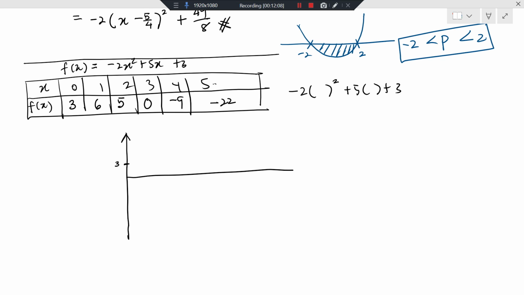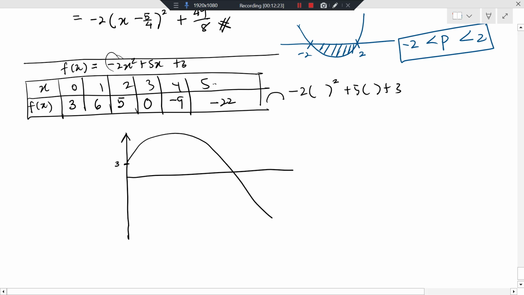Maybe I put here, and then this is a maximum graph, right? So your shape will be like this. Maybe like this.